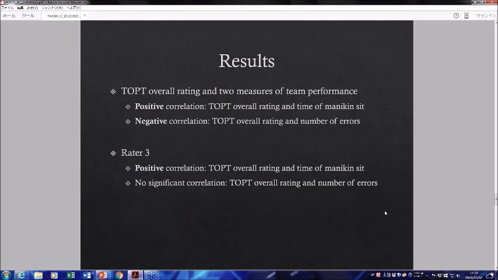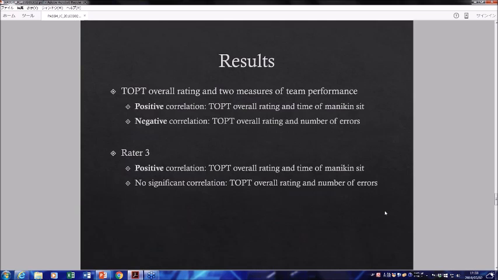and results. They analyzed the results quantitatively. The first result is about the TPOT overall rating and the 2 measures of team performance. There was a positive correlation between the TPOT overall rating and the time of mannequin sit, and a negative correlation between the TPOT overall rating and the number of errors the students made.